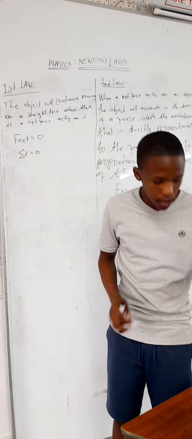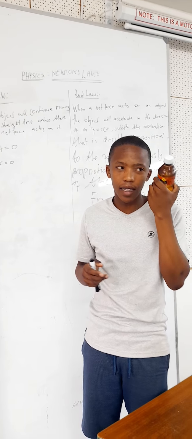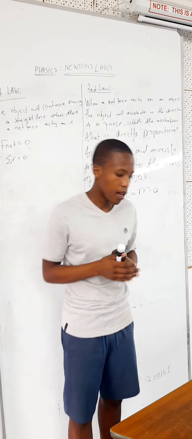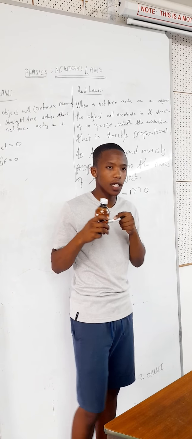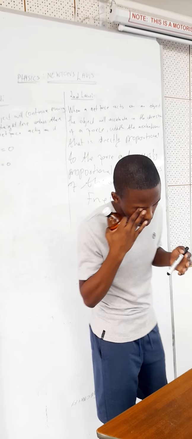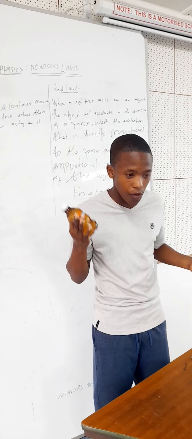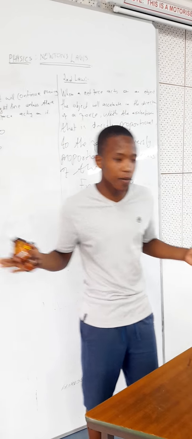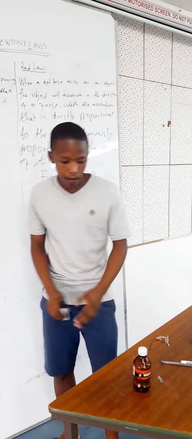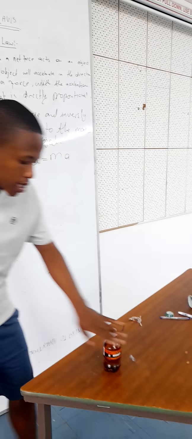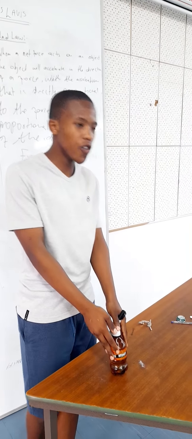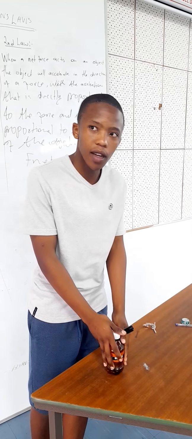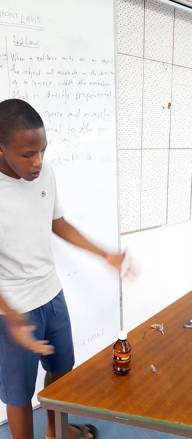So let me first tell you something. Do you see this? I've got this object here. We will be using this object to show in the form of some sort of an experiment. Looking at this object, is it moving or not moving? What is your answer?